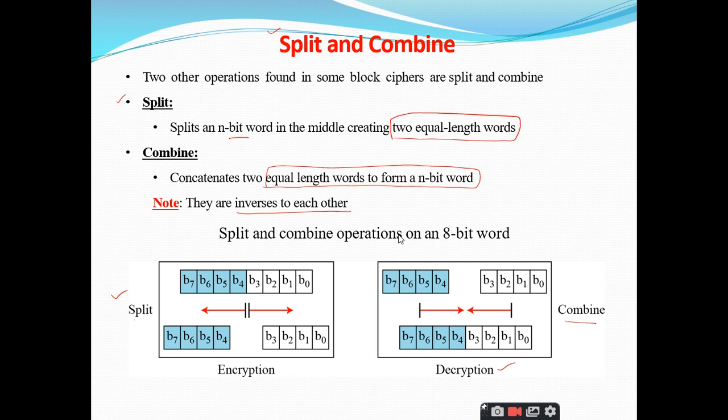And similarly, what about the S box? How can you represent the S box? Using mathematical functions. Super. What are the 2 categories of the S boxes we have?